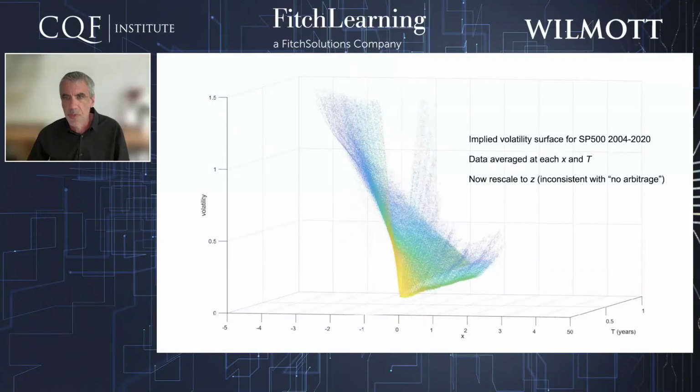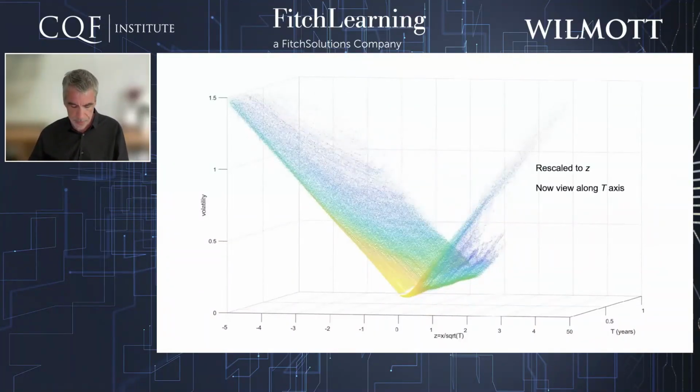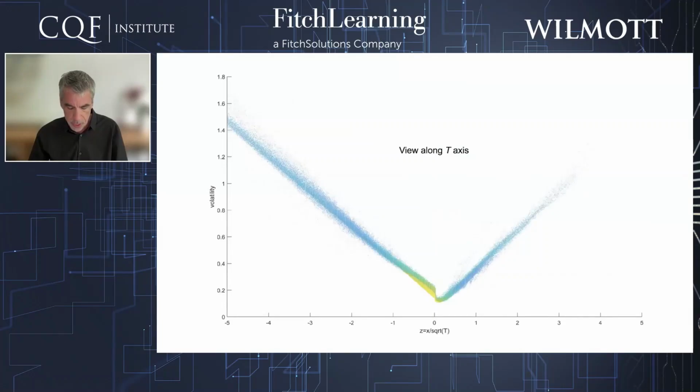So the first step is to rescale to Z. This is actually inconsistent with no arbitrage because of those limit conditions, but let's do it anyway. So the options at 1 year stay the same, but the ones in the front get opened out. And then the next step is to view along the T-axis. And so that's the view.